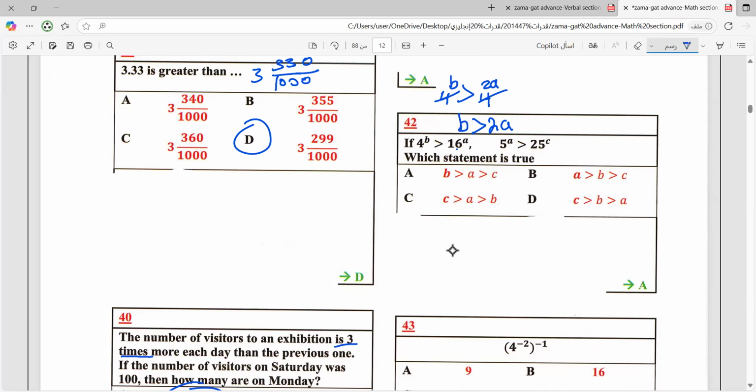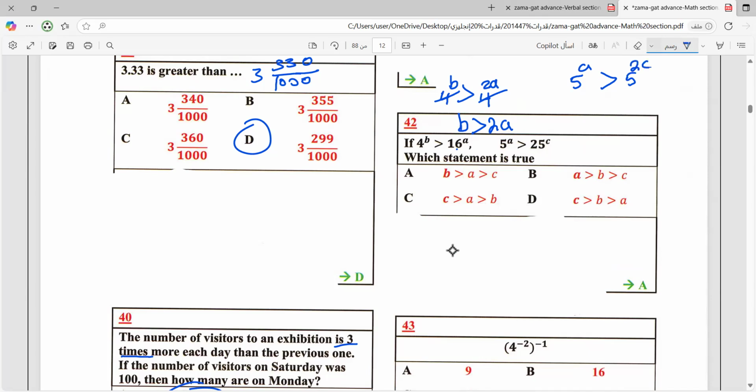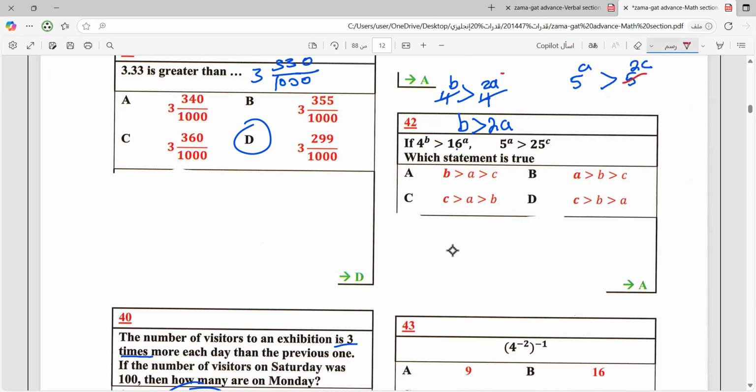Okay, the next inequality: 5 to the power a is greater than 25, so it will be 5 to the power 2c. We cancel 5 with 5. So a is greater than 2c.